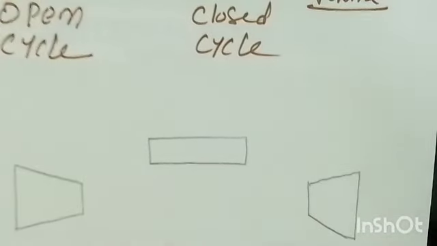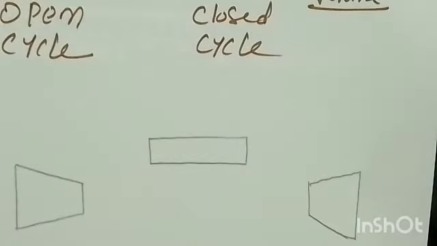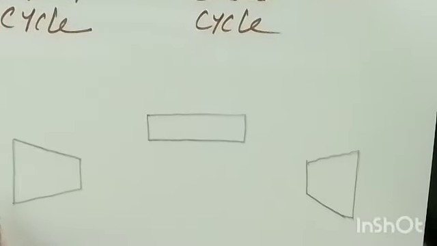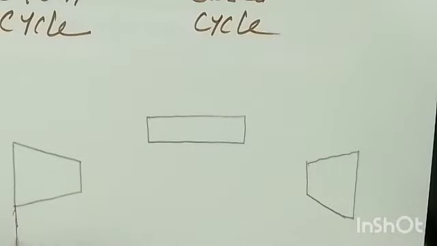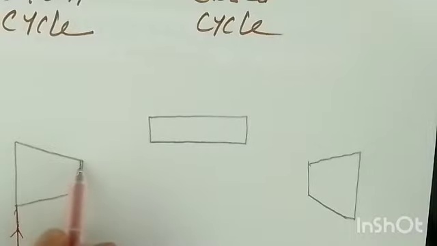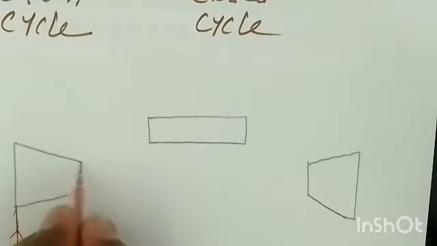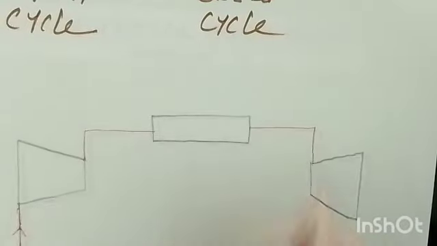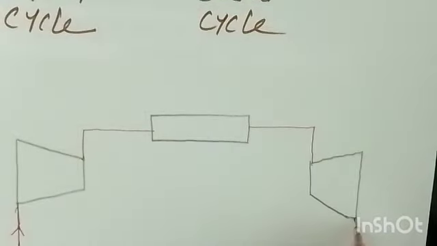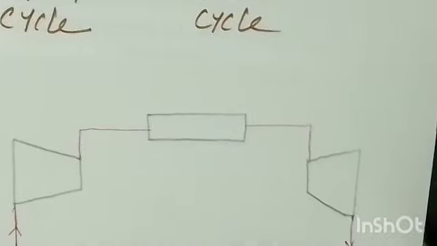Now first of all, the air will enter the compressor from the surroundings. So this is the inlet of the compressor and this will be the exit of the compressor. This is the inlet of the turbine and this will be the exit of the turbine.